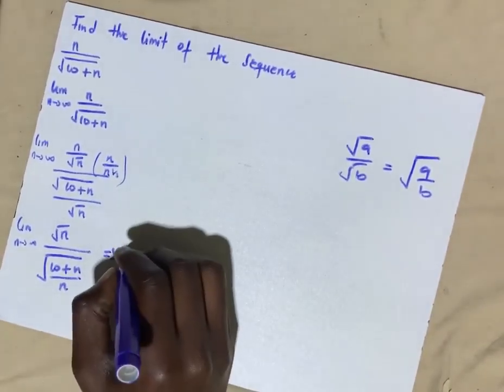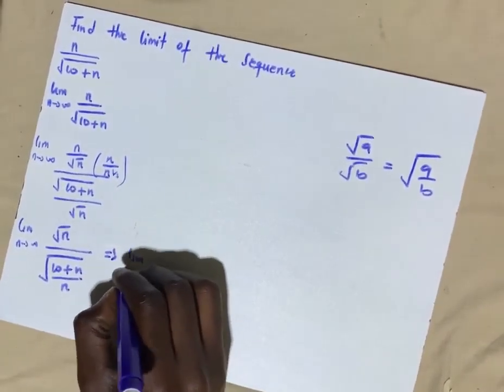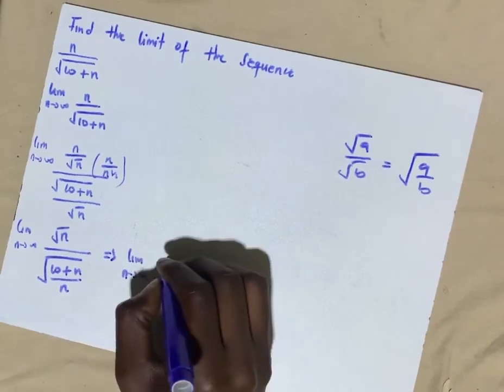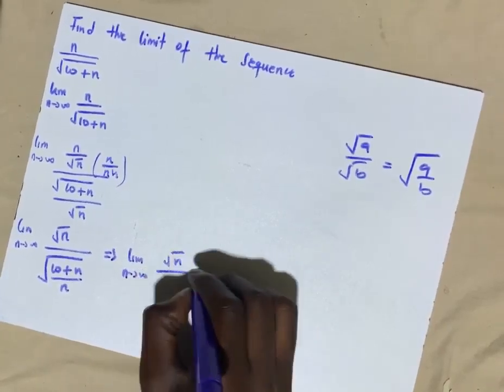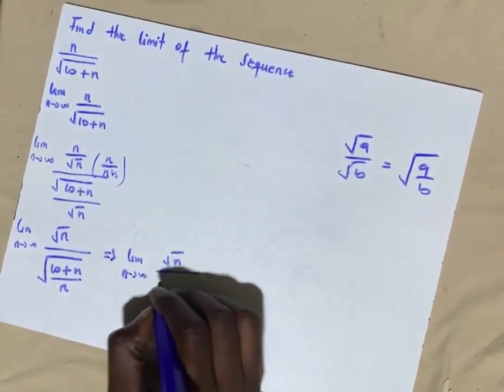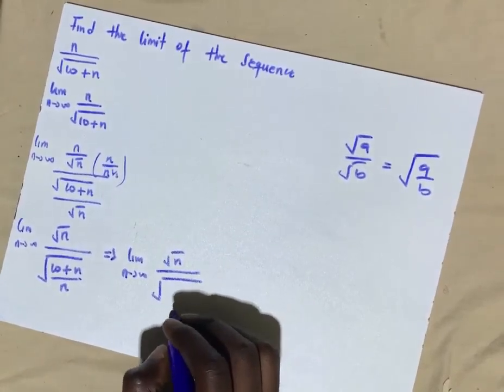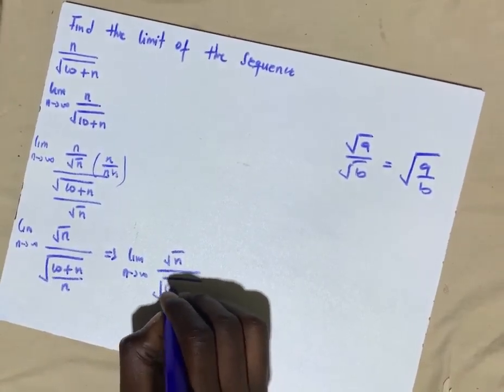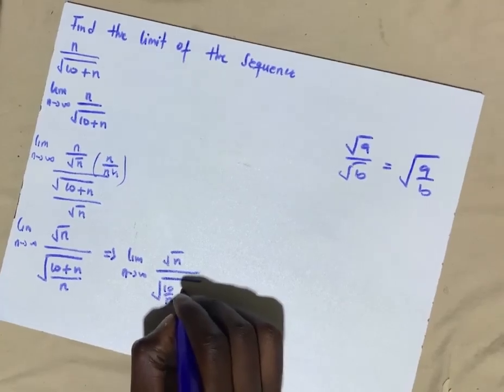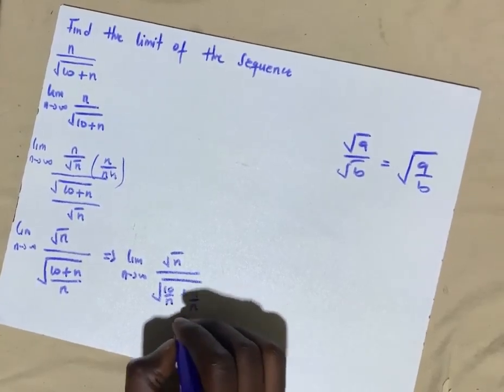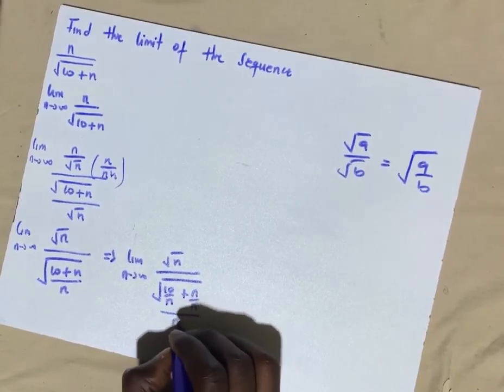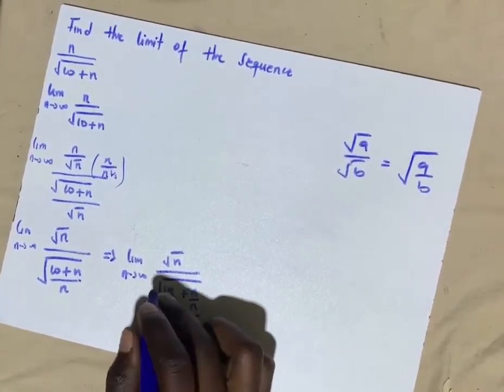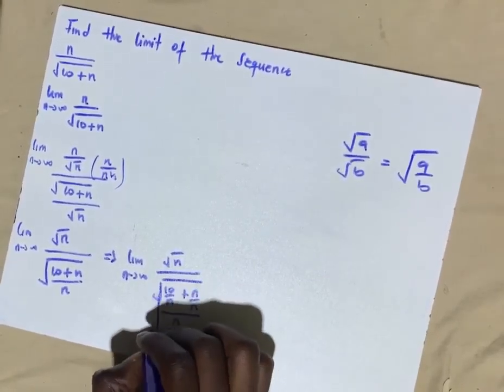So we are going to get the limit as n approaches infinity of the square root of n all over. Now, remember we are going to divide everything by the highest power of n. So we are going to get 10 divided by n plus n divided by n all over n also divided by n. Yes, the square root is actually covering everything.